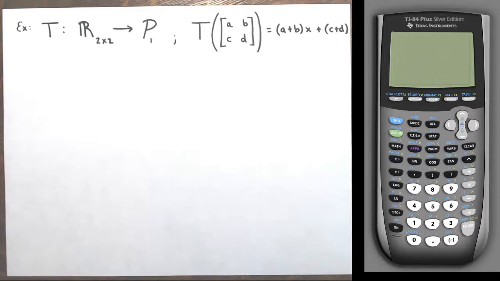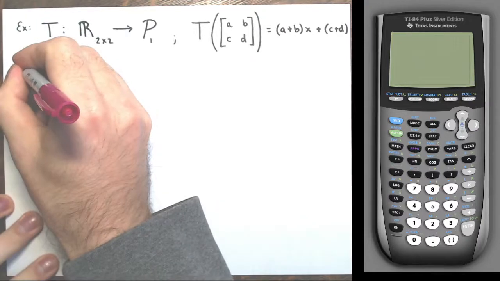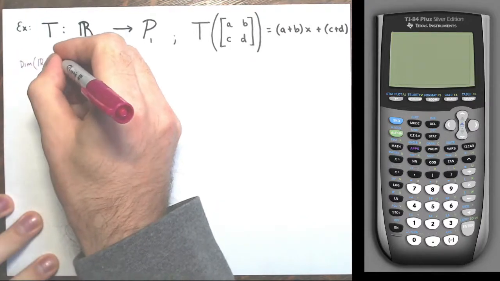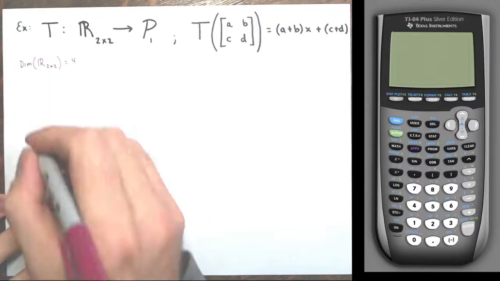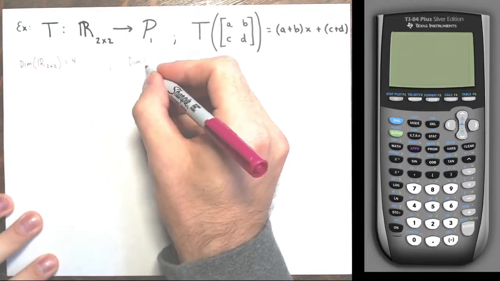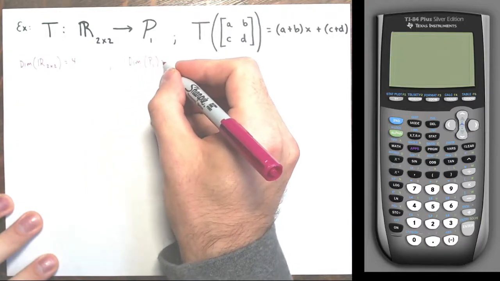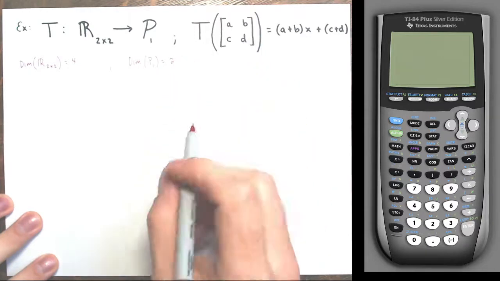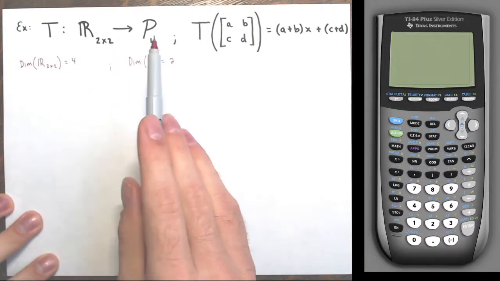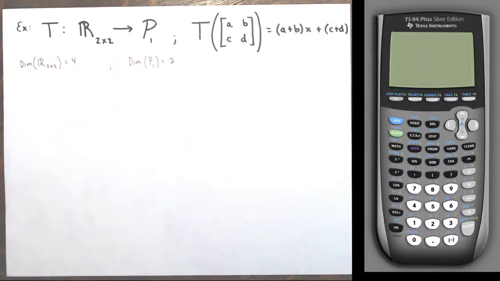Now, based on what I said a minute ago, look at these vector spaces. We have R2 by 2, and hopefully you recall that the dimension of the set of 2 by 2 matrices was 4, 2 times 2. And the dimension of the set of polynomials of degree 1 or less was 2. So these vector spaces do not have the same dimension, so there's no way they can be isomorphic.